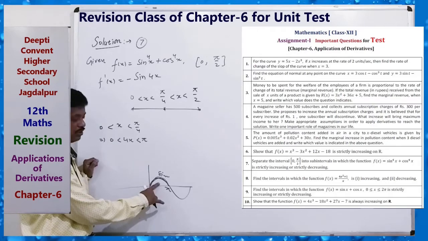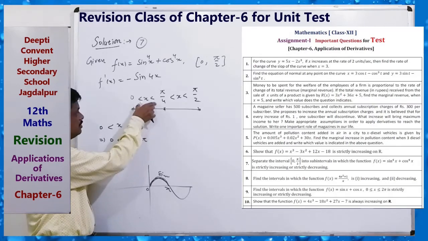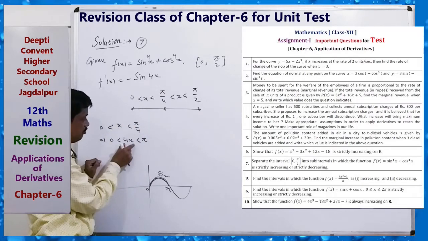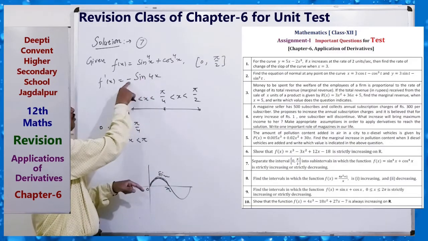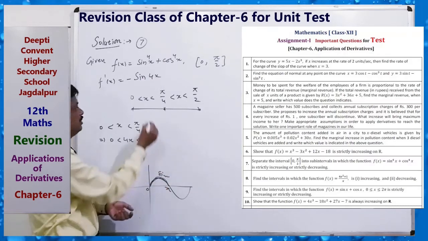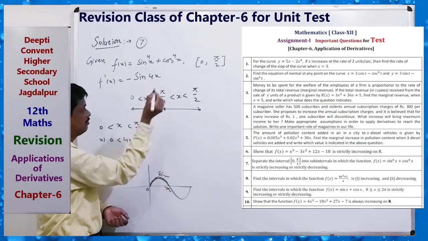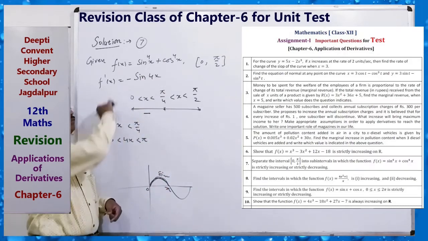So sin 4x is positive, and minus positive is negative. So in this interval we get a negative sign for the derivative.